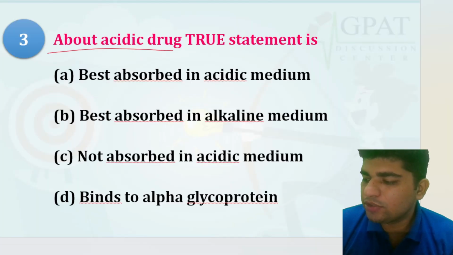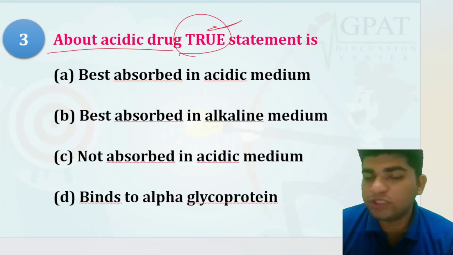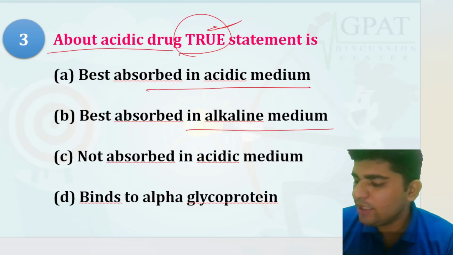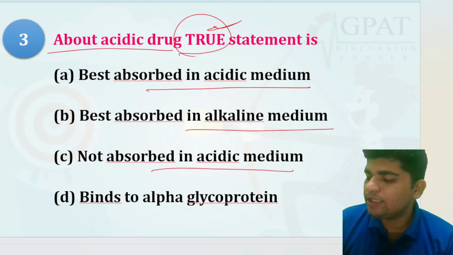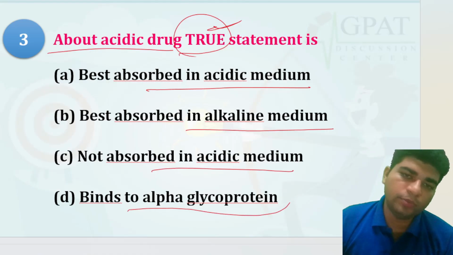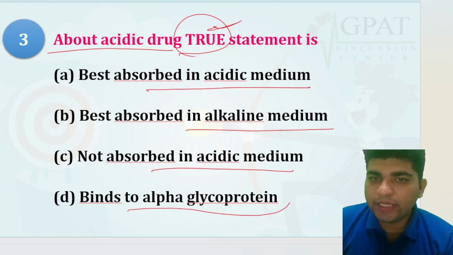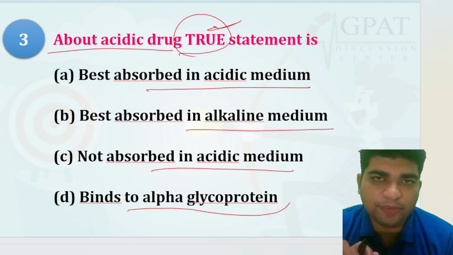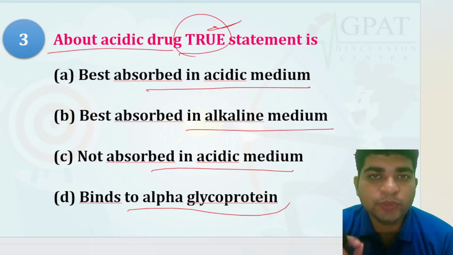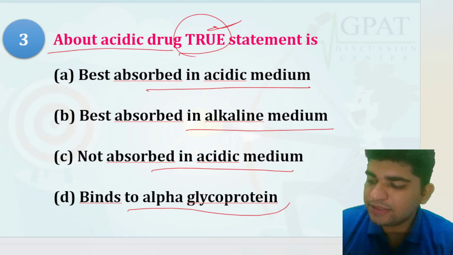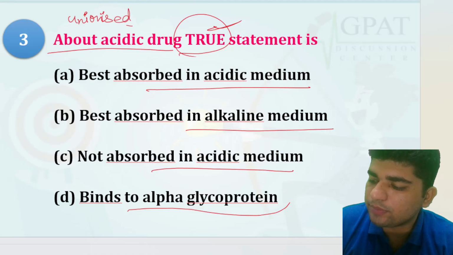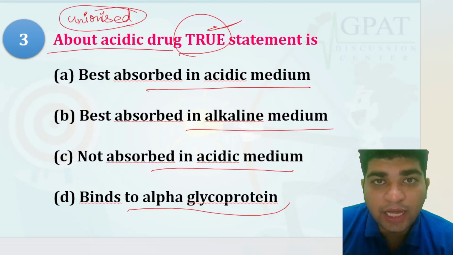About acidic drugs, the true statement is: better absorbed in the acidic medium, better absorbed in the alkaline medium, not absorbed in the acidic medium, or binds to alpha acid glycoprotein. See, whenever it is an acidic drug, let's talk about the concept first. For the drug to be absorbed, it has to be in its unionized form.